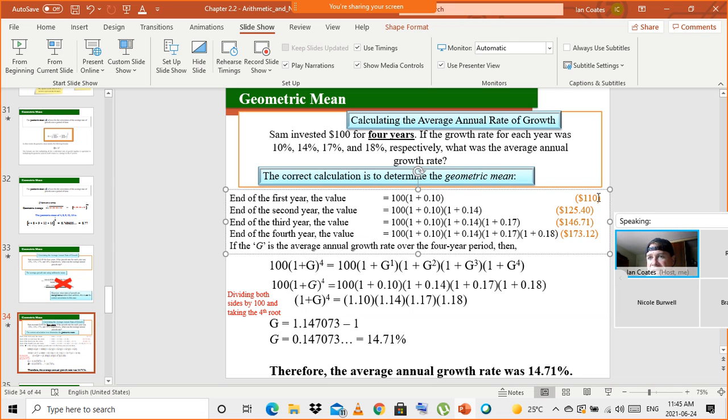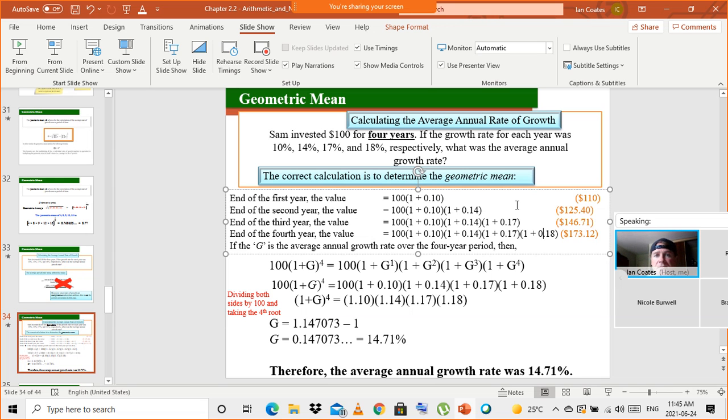So she made $10, $15, $21 over the first 3 years, and here's year 4. Now she's making 18% on $146. You see how this thing goes geometrically. And if you get into the 5th year and 6th year, that's where things really start to take off.